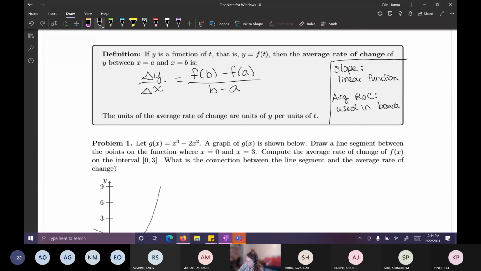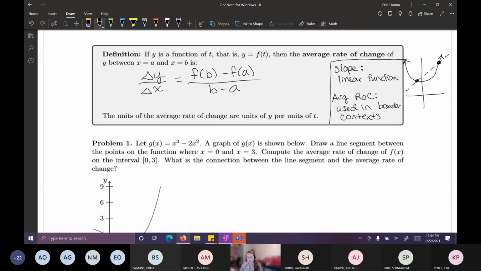broader contexts. So say I have a parabola. I could ask you the average rate of change between the 2 points that I've just created, and technically the average rate of change would be telling you the slope of the line between those 2 points.